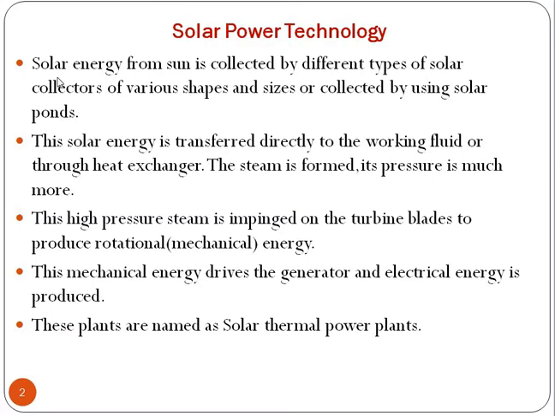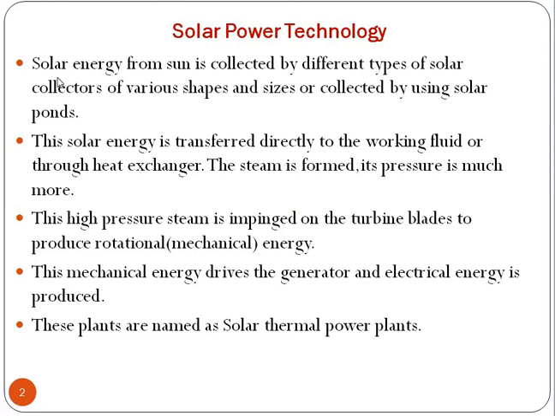This solar energy is transferred directly to the working fluid or through a heat exchanger. Steam is formed at high pressure and impinged on the turbine blades to produce rotational or mechanical energy. This mechanical energy drives the generator and electrical energy is produced. These plants are known as solar thermal power plants.